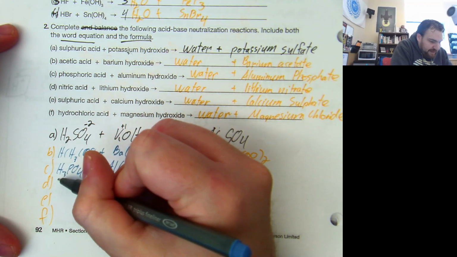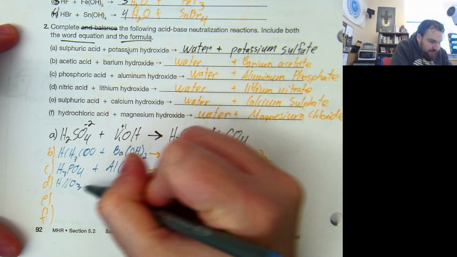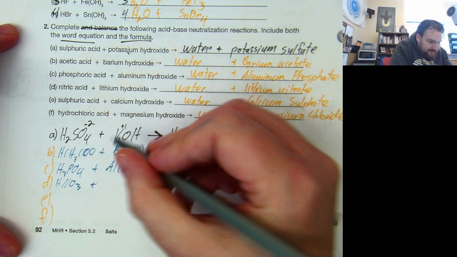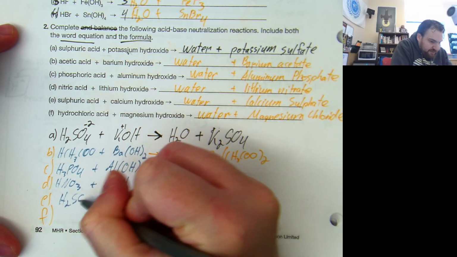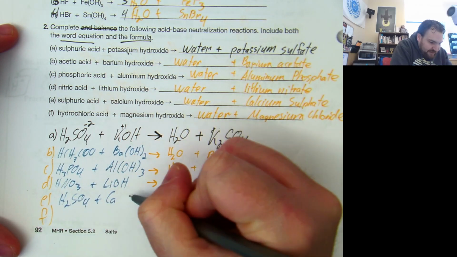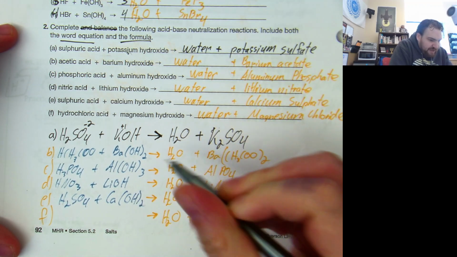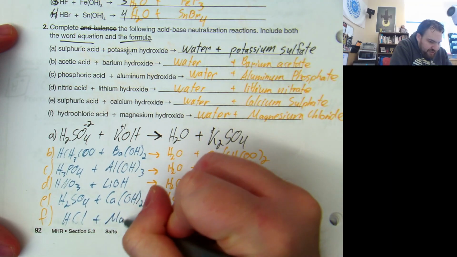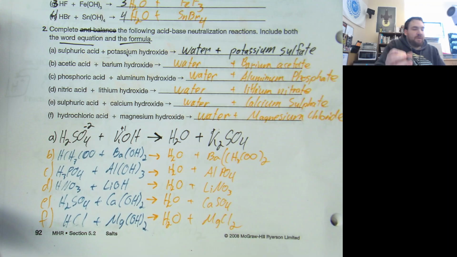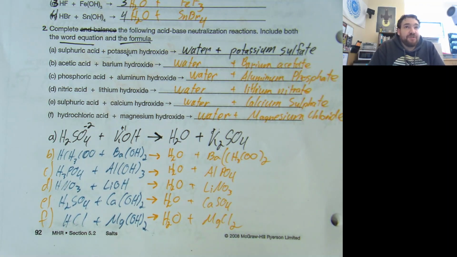D would have been HNO3 plus LiOH. This would have been H2SO4 plus CaOH2. And F would have been HCl plus MgOH2. Okay. Comments, questions, concerns on any of those?